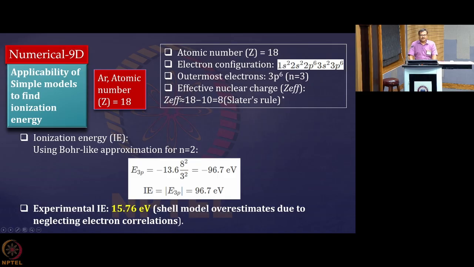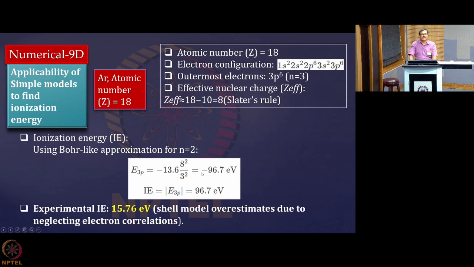So, this configuration is correct, and the outermost electron is in 3p6. Okay. So, n equal to 3 and Z effective is 18 minus 10, that is equal to 8, because the previous shells have 6 plus 4, 10. So, the ionization energy comes to be minus 13.6 times 8 square by 3 square.